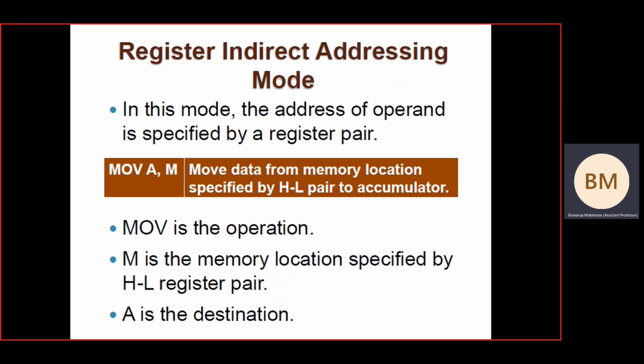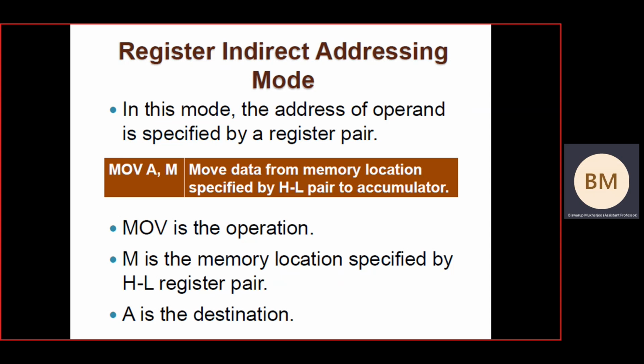That means you are using one particular register pair. On that register pair, one address location has been mentioned. Now you are copying that specific address location's data indirectly into the accumulator.